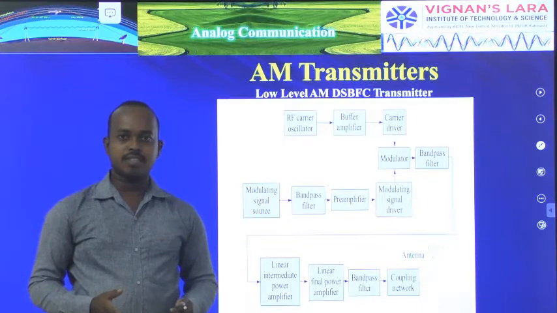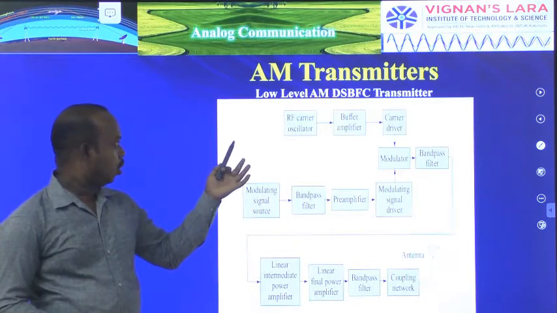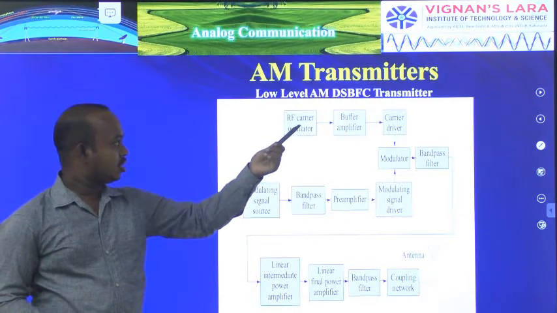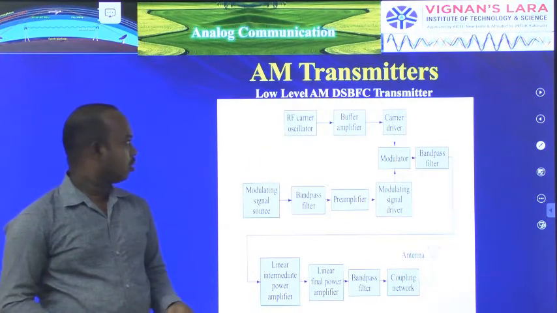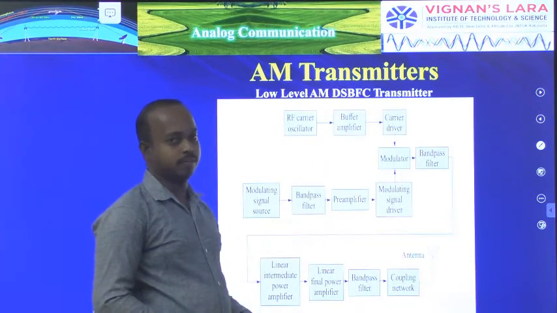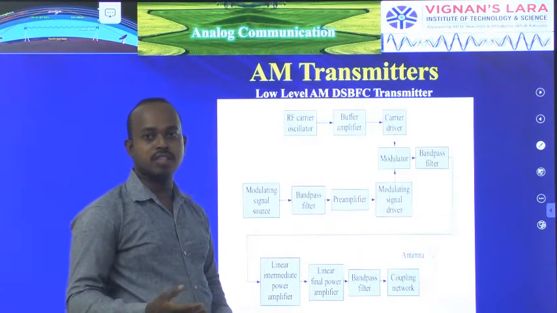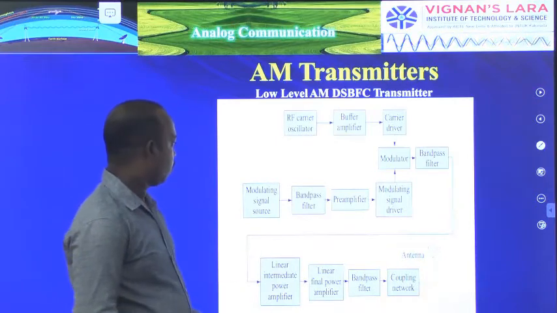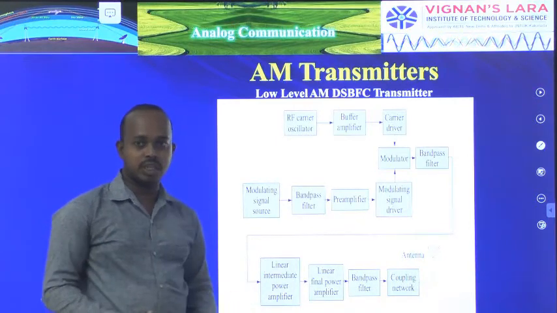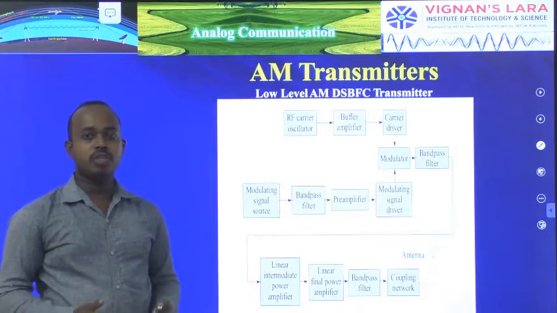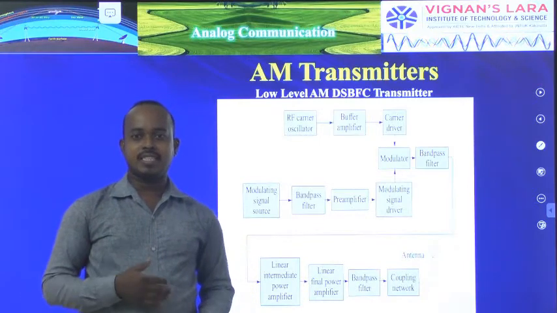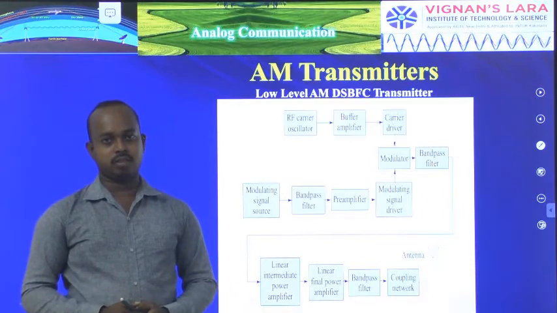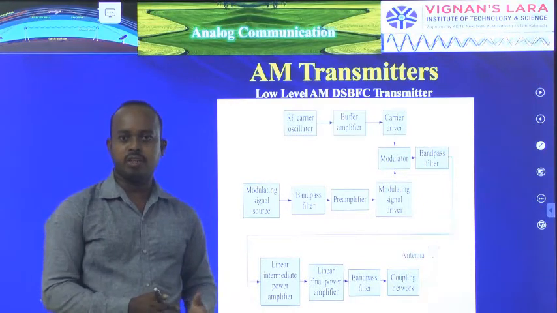Now we are discussing the low level AM DSB-FC transmitter. DSB-FC means full carrier, as opposed to suppressed carrier. First of all, which technique are we applying in this transmitter? We are using the amplitude modulation technique.